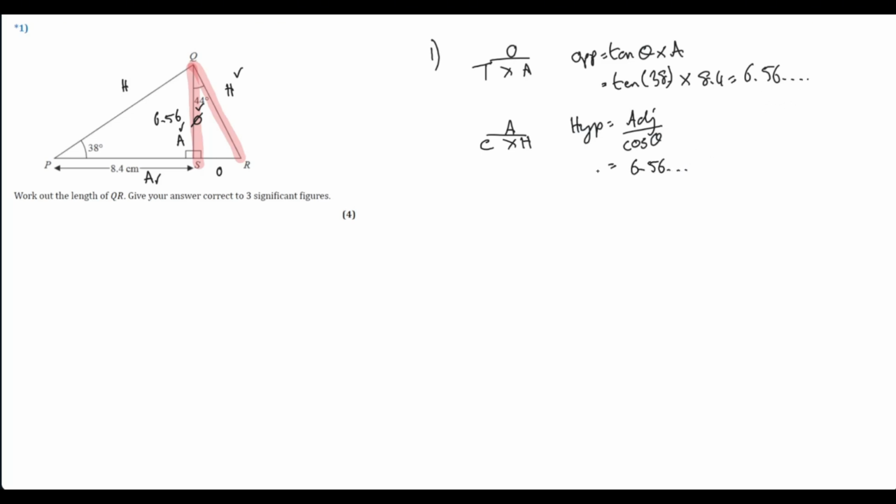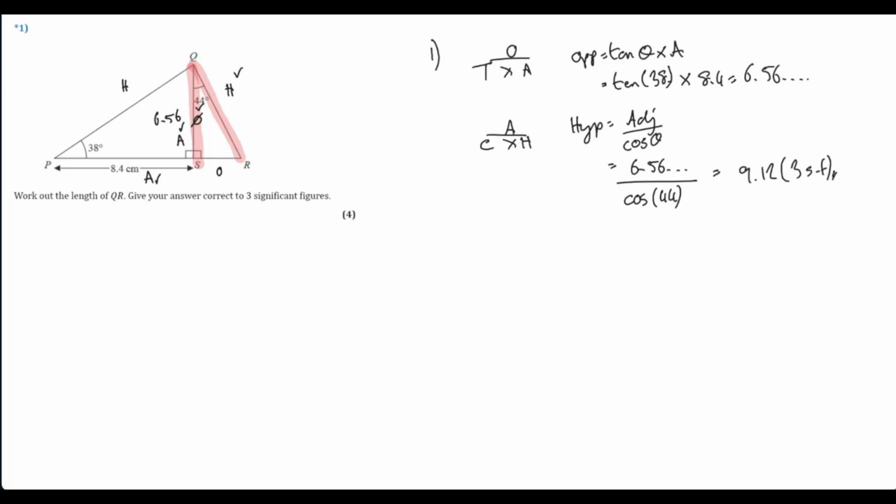Remember not to round too early, please, because if you round too early, it could affect the overall accuracy. So this 6.56 is still in the calculator, and I'm going to divide this by cos 44. And if we do that, we get 9.12 centimeters to 3 sig fig.